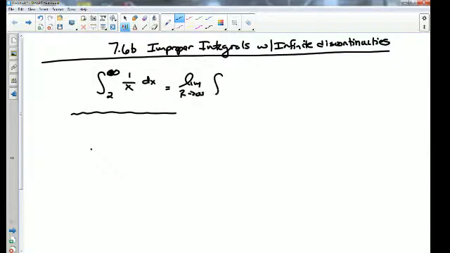solve this as a limit, right? If we're going to find something very similar today, we're going to look at problems with infinite discontinuities at one endpoint, right?